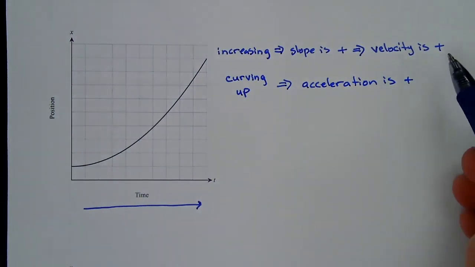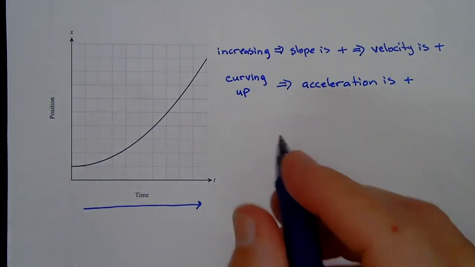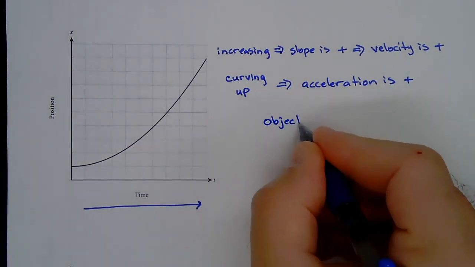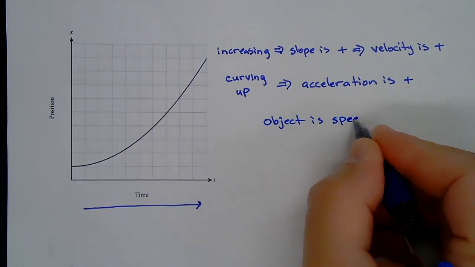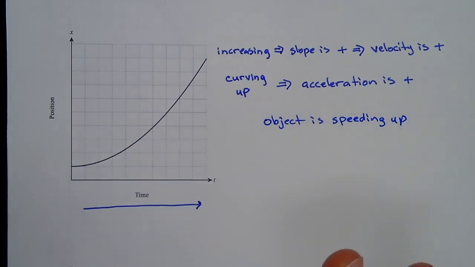Since the velocity is positive and the acceleration is positive, the object is speeding up. Looking at this graph, we can tell it's speeding up on this interval.